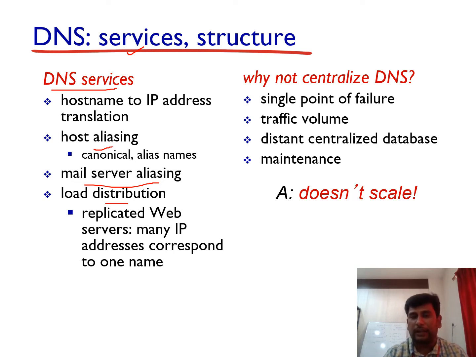So to overcome that and to reduce the load traffic, and also we are trying to maintain a distributed database, the maintenance will be easy. These are the various reasons for which we are adopting a distributed database. And remember, DNS is a major function which is trying to map between a host name and an IP address.